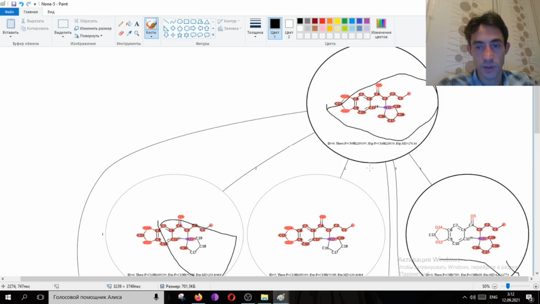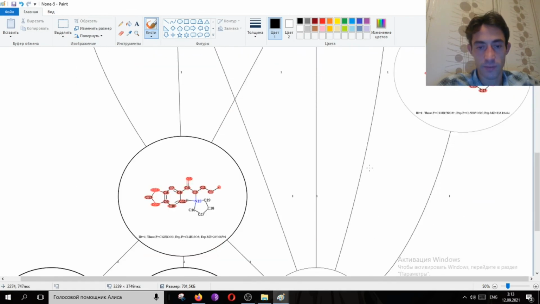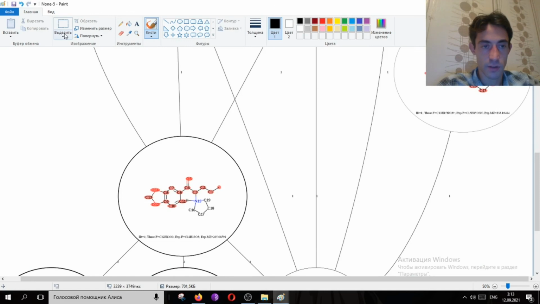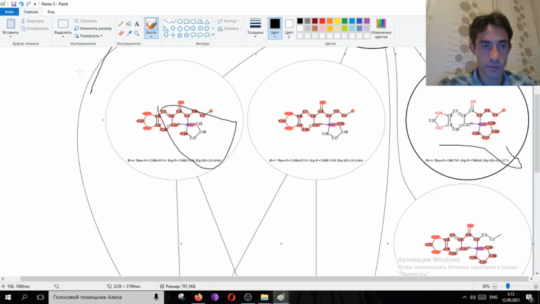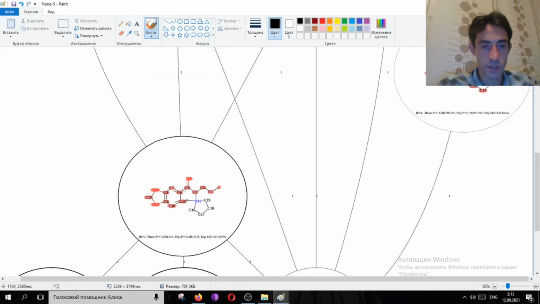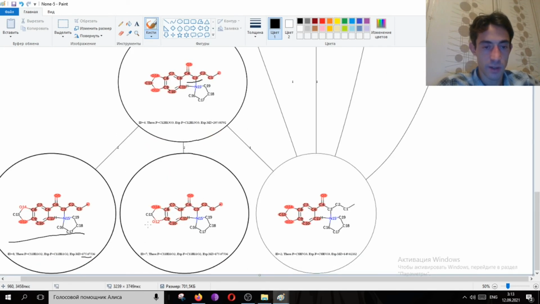So first of all, this ion is fragmented to give this ion here, and only then fragmentation occurs somewhere here.